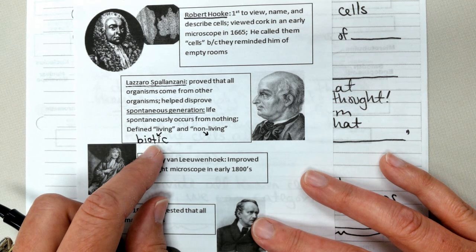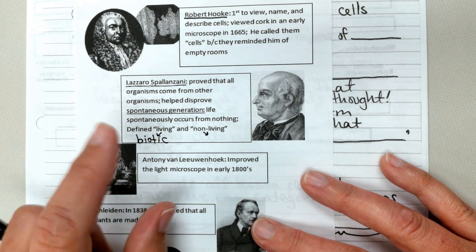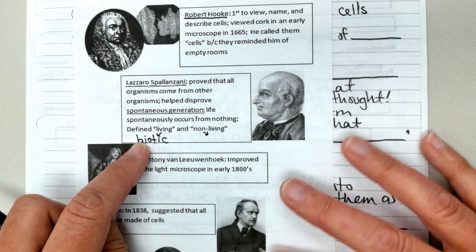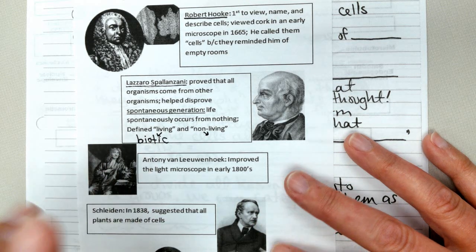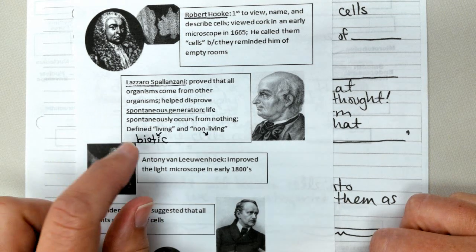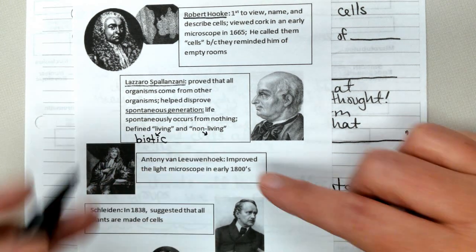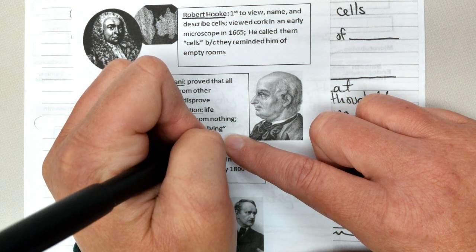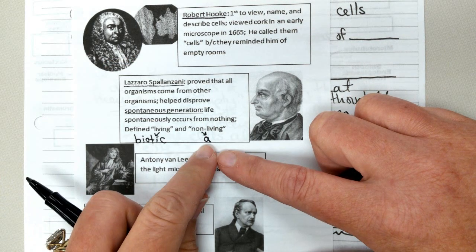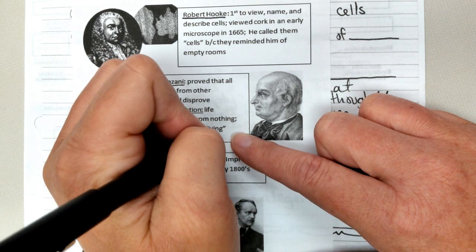If we're talking about the salad that you're eating for supper, it is biotic. If we are talking about a dead deer, it is biotic. If it was never living, we add an A in front of that, because remember, a or an means not. So abiotic.